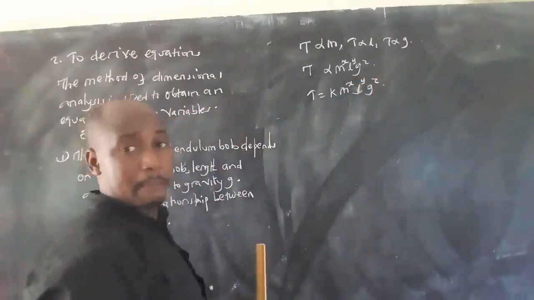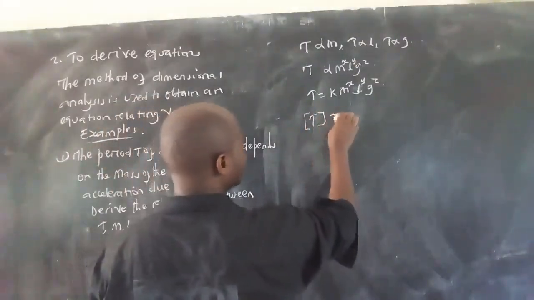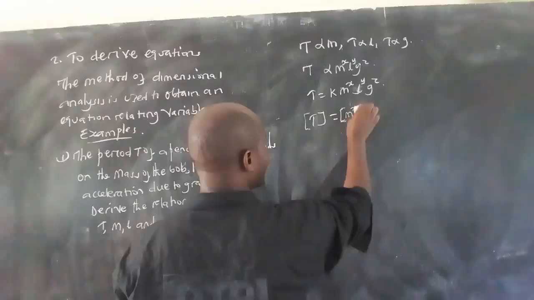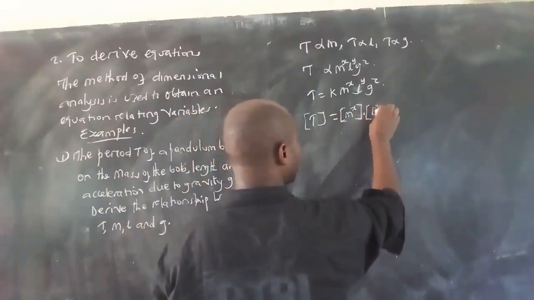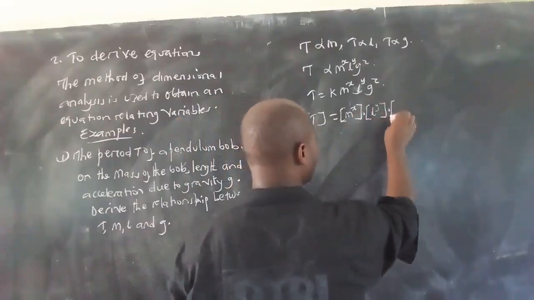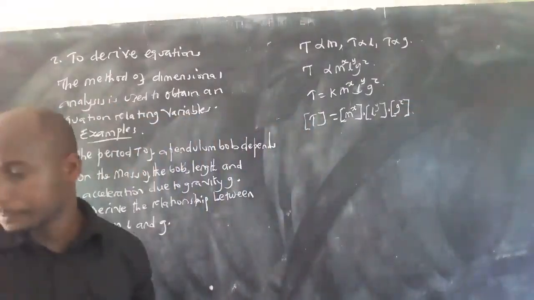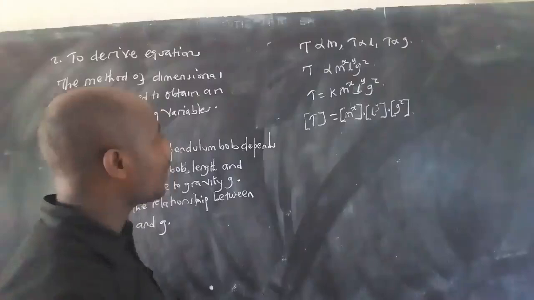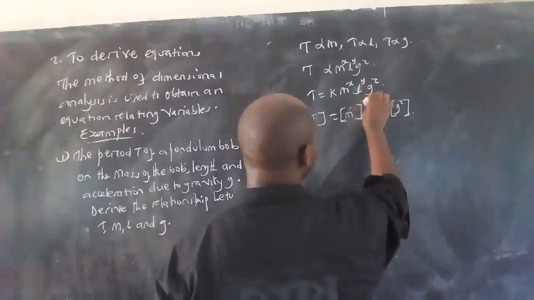So the dimensions of T is equal to the dimensions of M to power X times the dimensions of L to power Y times the dimensions of G to power Z, where K is a constant.